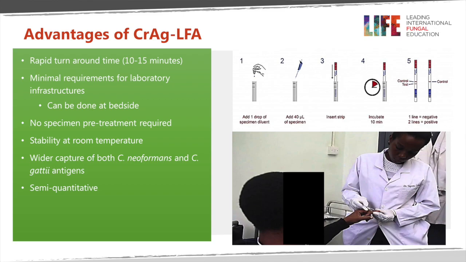It can either be a fingertip prick of blood or, as I said, a specimen of saliva. There's no pre-treatment involved, so no equipment or laboratory resources needed. It seems to be stable. It can be stored at room temperature for quite long periods of time, and it will detect antigen from both neoformans and gattii, and it is semi-quantitative.